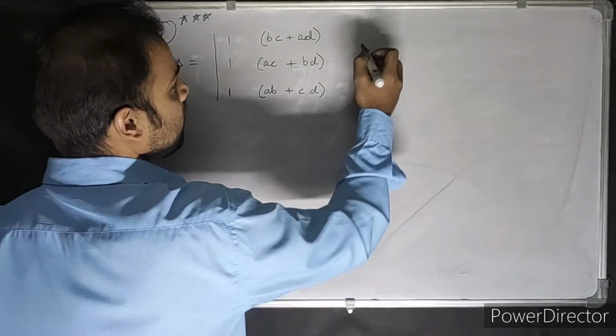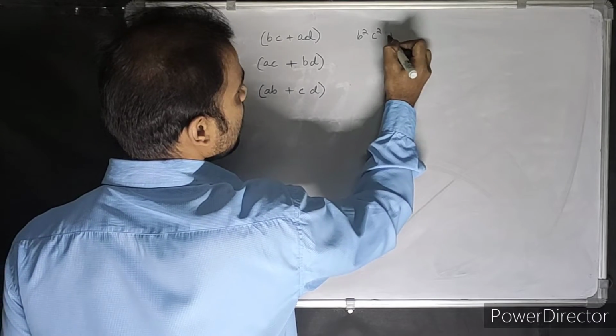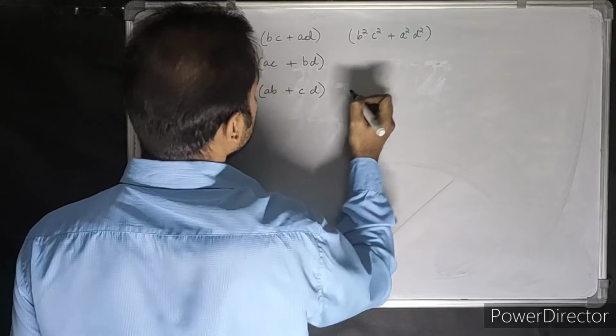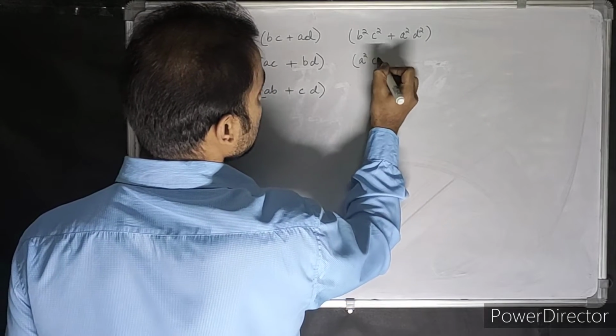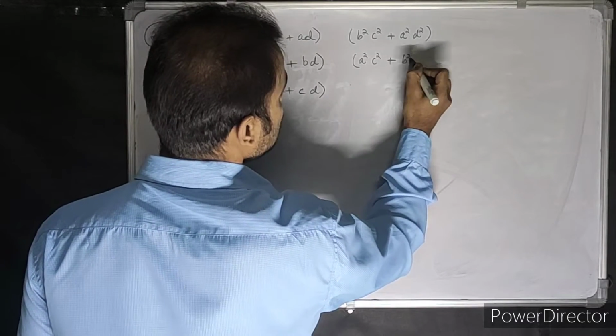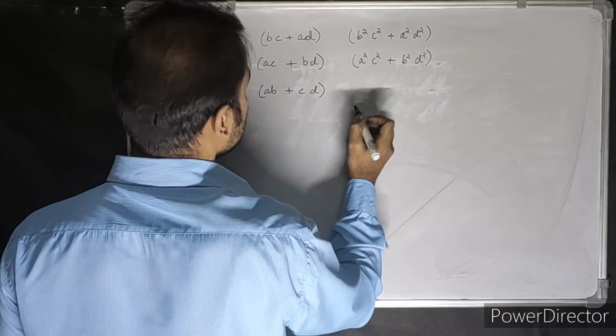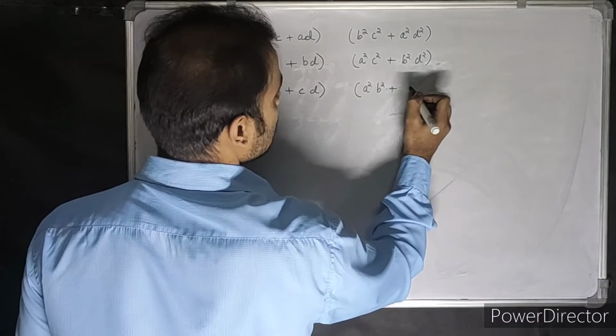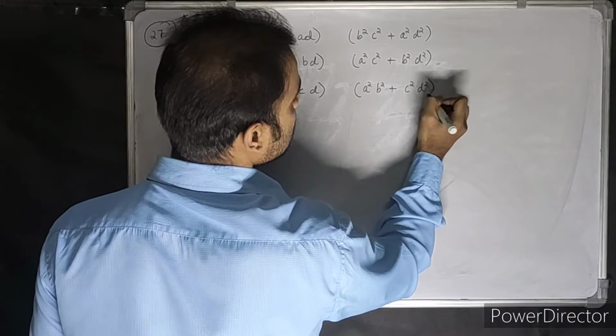Okay, then this is B square C square plus A square D square. Then this is A square C square plus B square D square. Then this is A square B square plus C square D square.